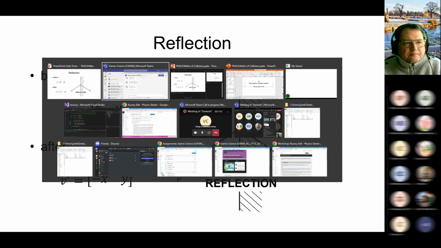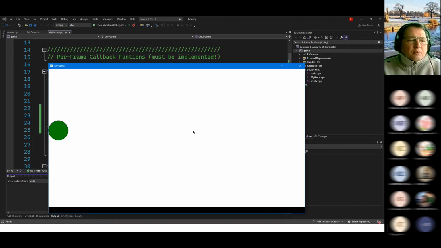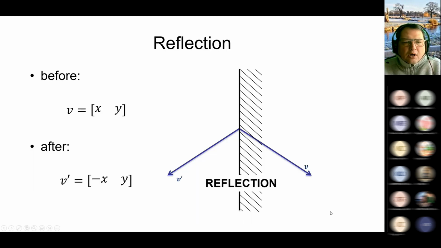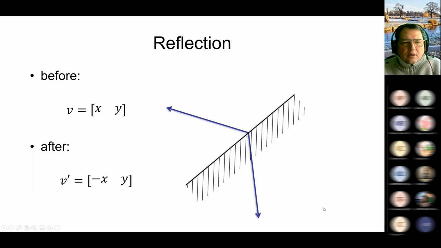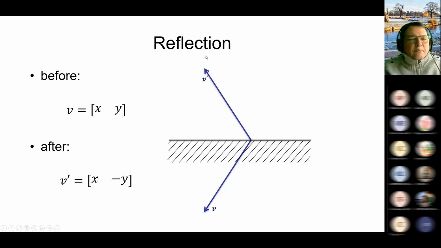It won't help in our example, because our ball should be bouncing off the horizontal floor. So let's rotate it. We still have velocity pointing down and final velocity pointing up.